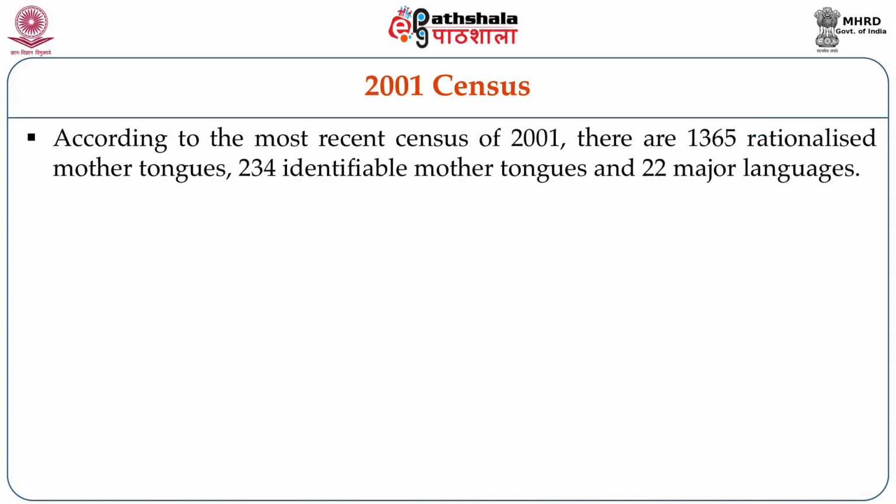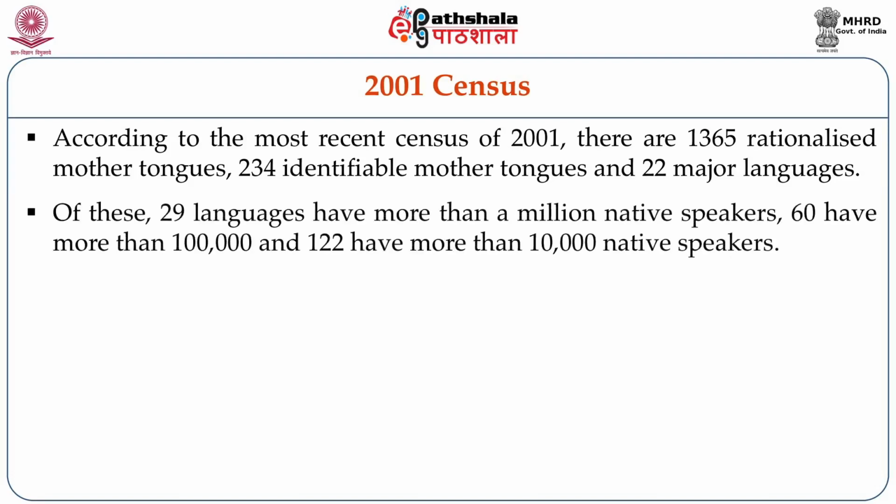According to this report, there are 1,365 rationalized mother tongues, 234 identifiable mother tongues, and 22 major languages. Of these, 29 languages have more than a million native speakers, 60 have more than 1 lakh, and 122 have more than 10,000 native speakers.